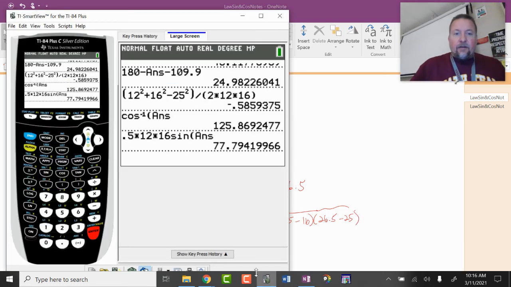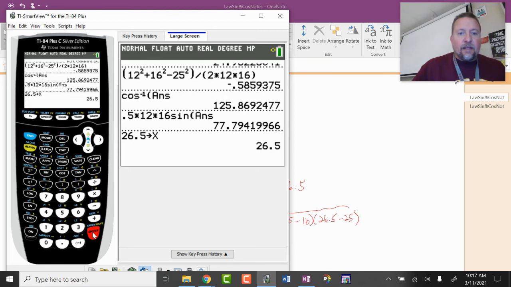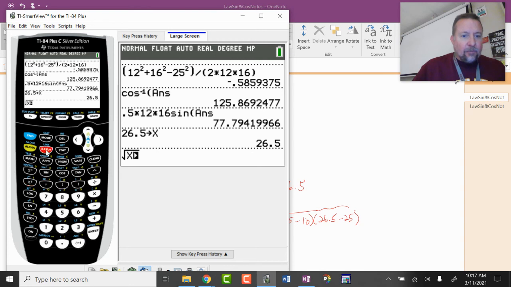Okay, so go into the calculator. 26.5, sto, that means store, short for store, and I'm going to store that in for x. Then I'm going to start my square root: 26.5 times, we're going to need parentheses, 26.5 minus 12, write it exactly as it is, times 26.5 minus 16, close, times, you don't need a times button when you're just putting parentheses next to each other, 26.5 minus 25.